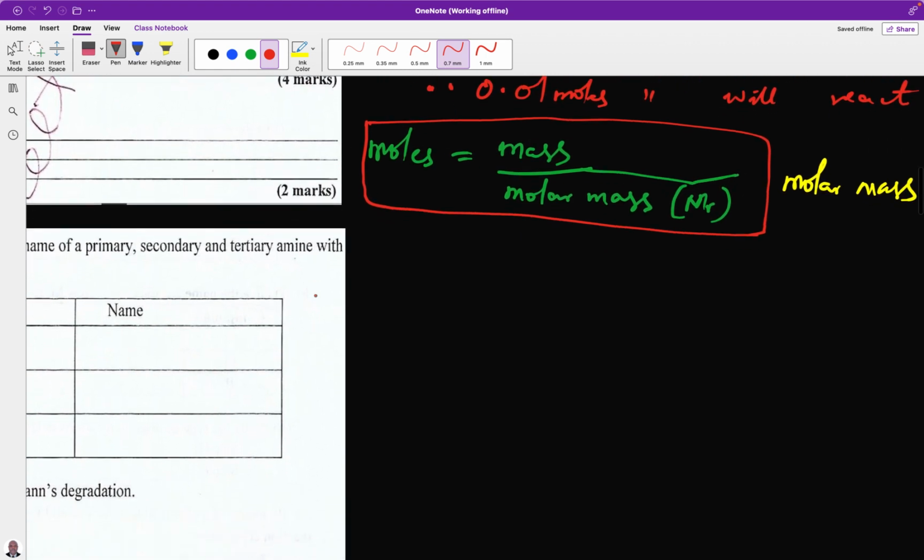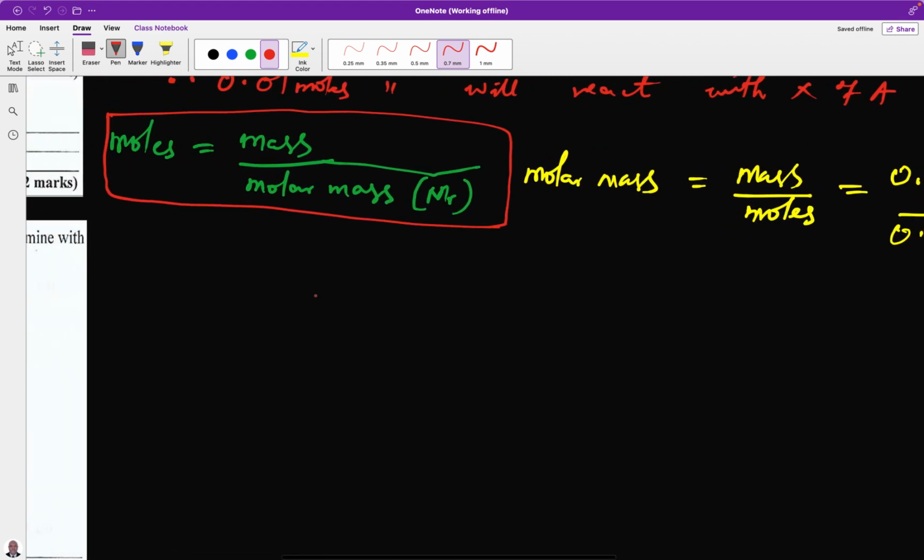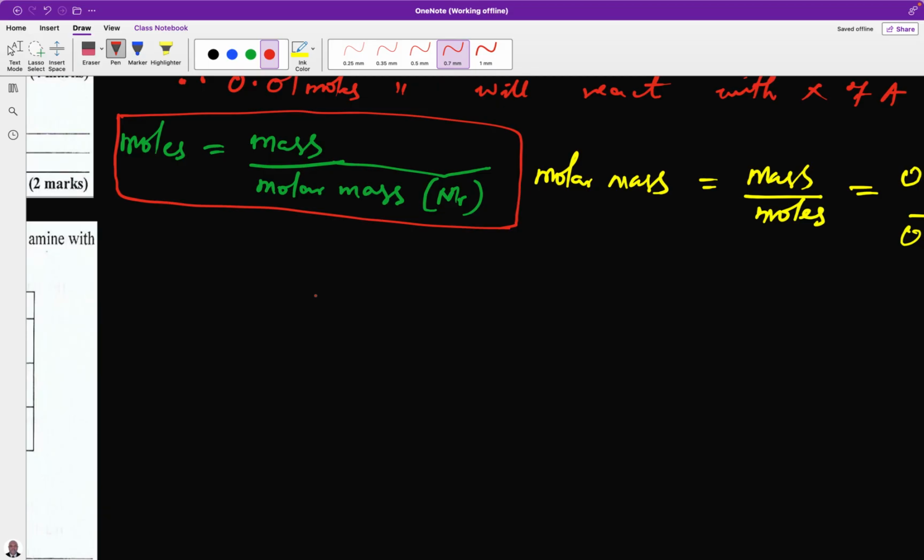How can we give the molecular formula of A? Now you have the molecular formula of compound A.